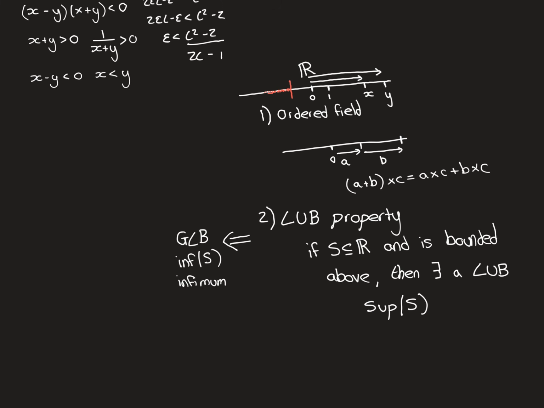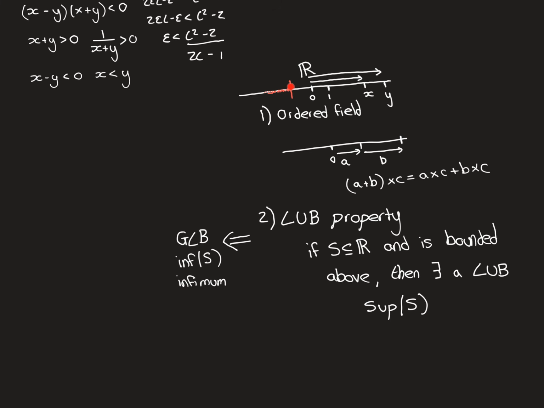So what this axiom intuitively says is that if you have any subset, so consider this subset here, these red dots are supposed to be points on our real line, and if that set is bounded above, so there is some element that is greater than or equal to every element in the set, then it should be possible to characterize the edge of that set.